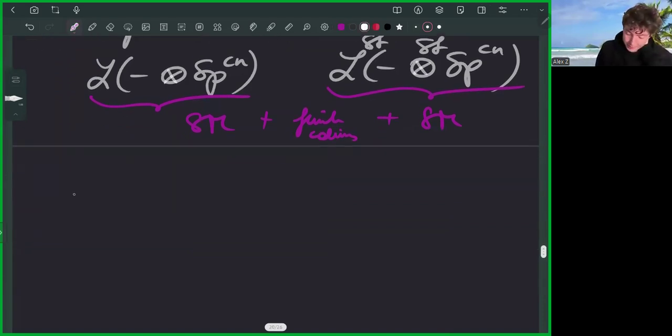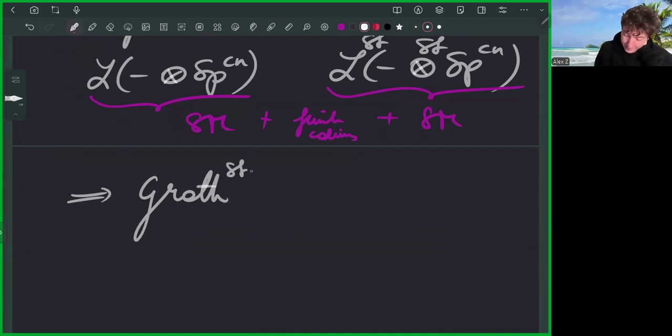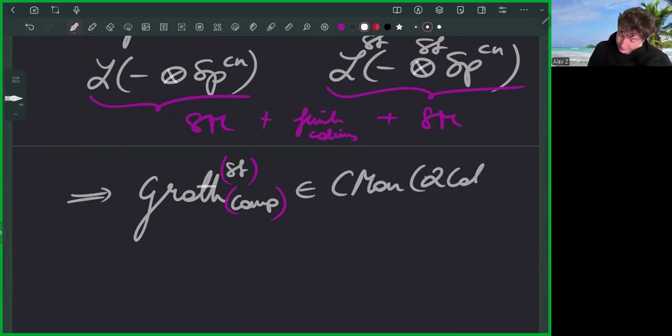In particular, they will induce symmetric monoidal structures. So they will give you that Groth ST comp and the other variants, let me also say this and this, are commutative monoids in 2Cats.